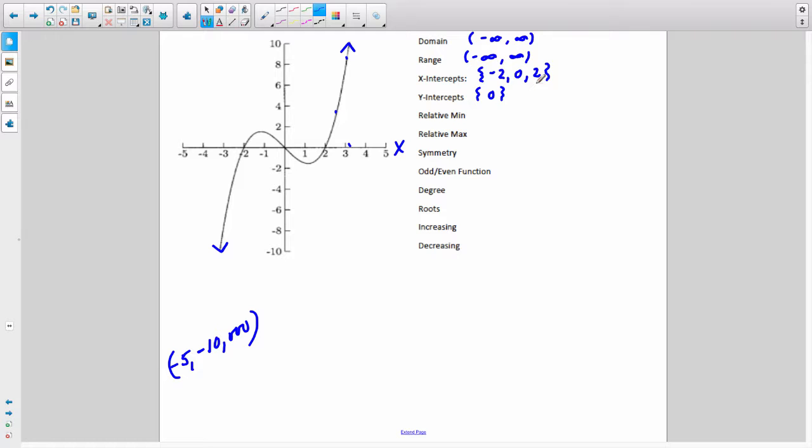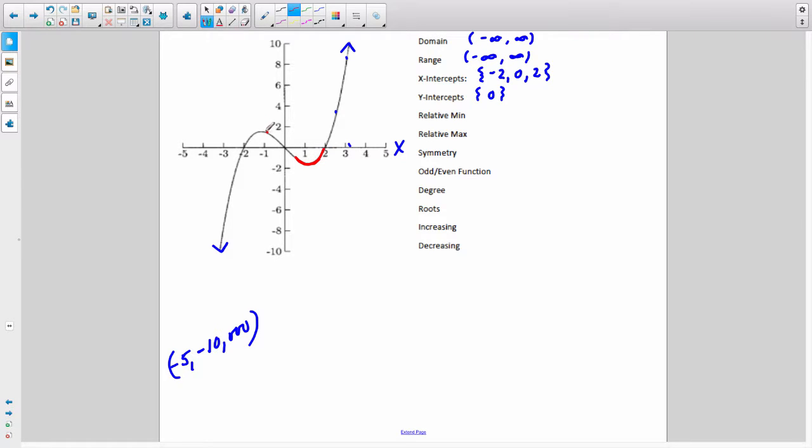Relative minimum, relative maximum. So what we're talking about there is any kind of turning points that give you a low spot on a graph or some turning points that give you high spots on a graph. So check this out here. This, I think, is a low point, right? It's not the absolute low because that's -infinity. But this graph does have this thing that we call a relative minimum. Relatively speaking, this is a very low point on this graph.